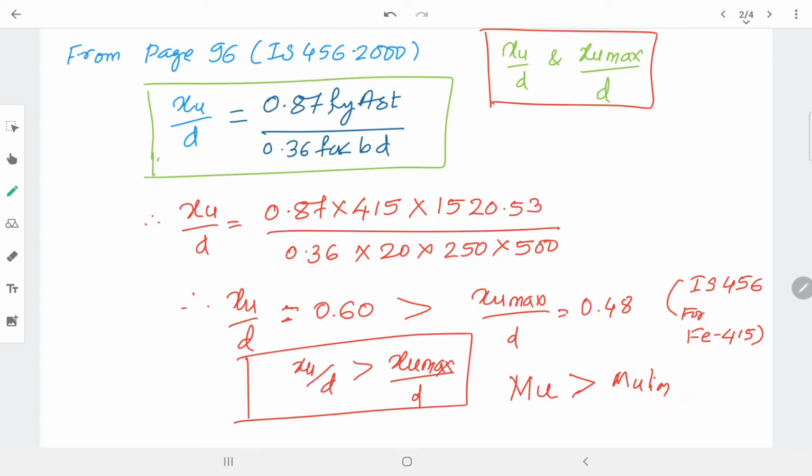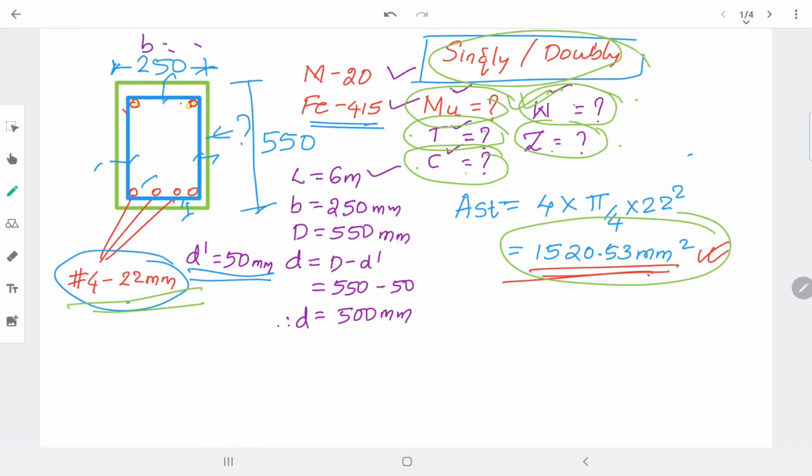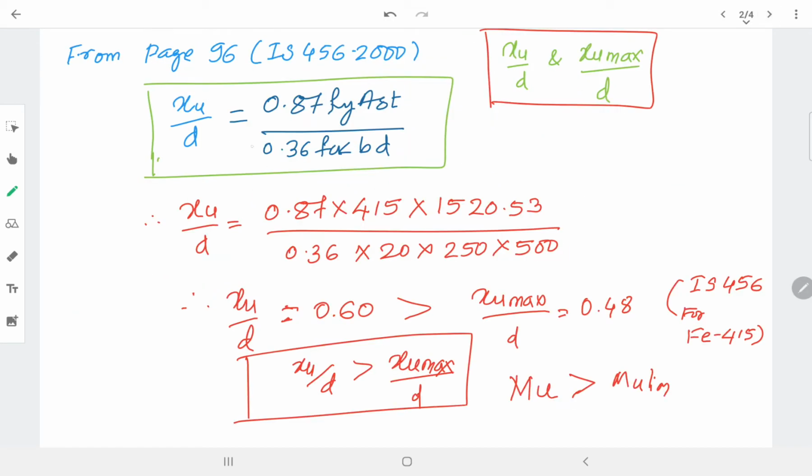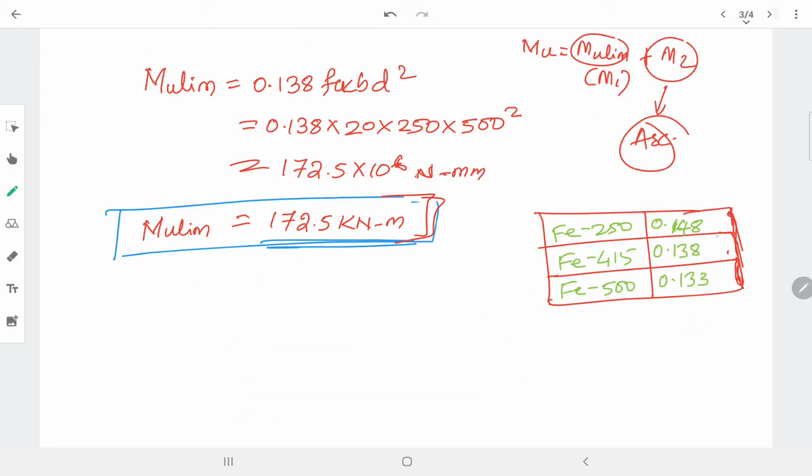You know the value of d, and for XU we already calculated here that XU by d is 0.6. So d is the known value, that is 500 mm.